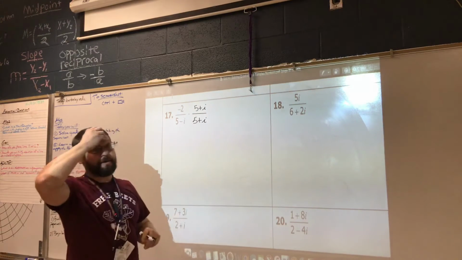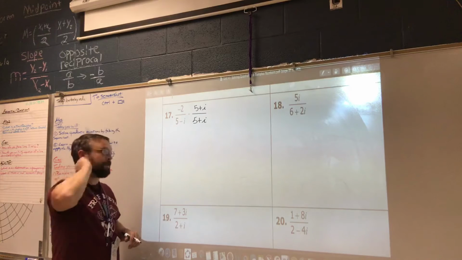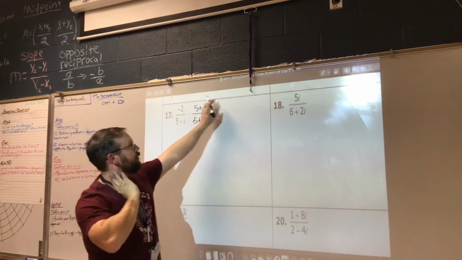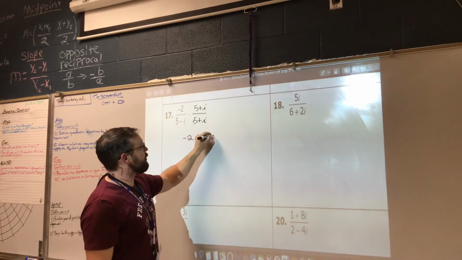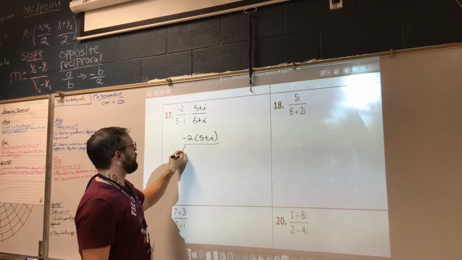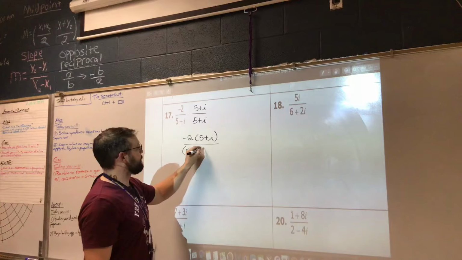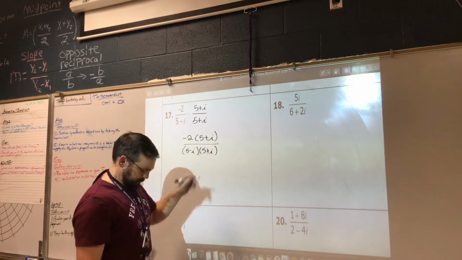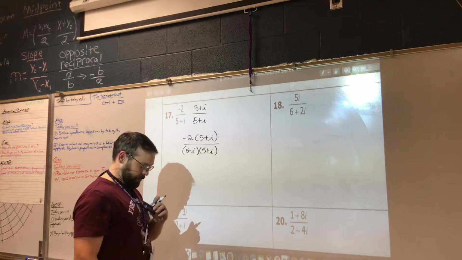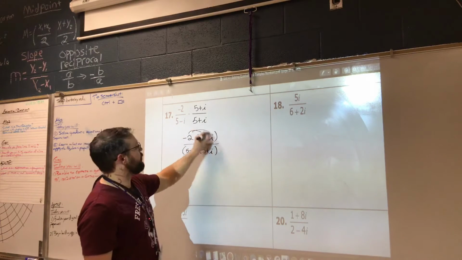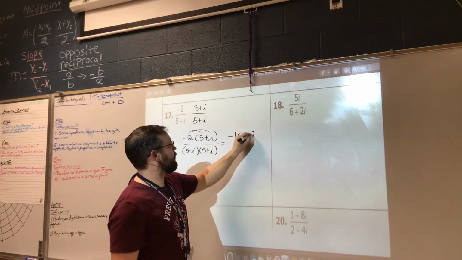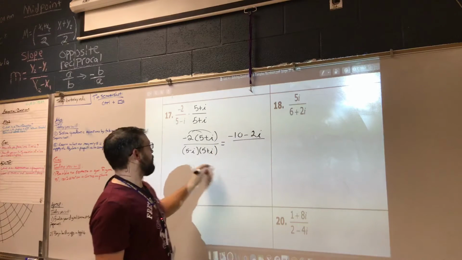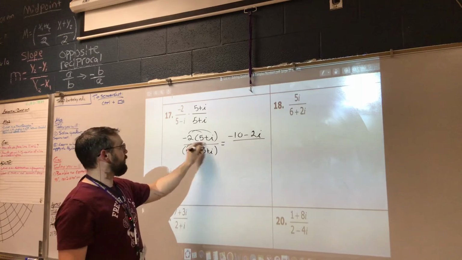Okay, so I multiply both top and the bottom. So when I multiply straight across, I've got negative 2 times 5 plus I. All right, so distribute. Okay, so this I've got to FOIL out.